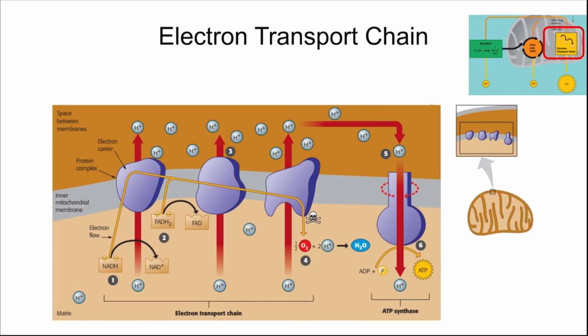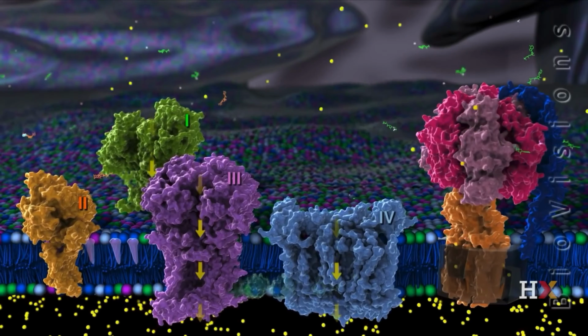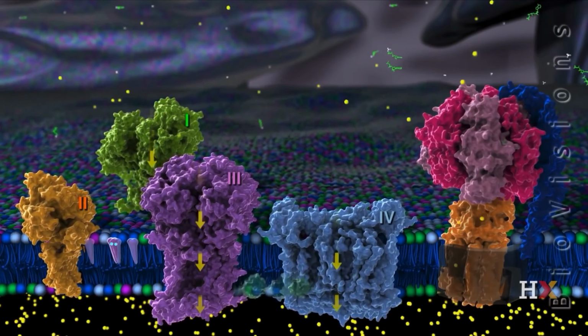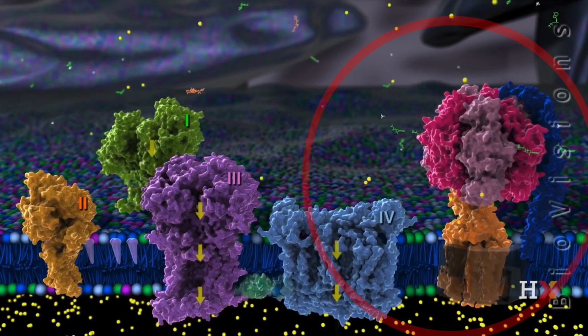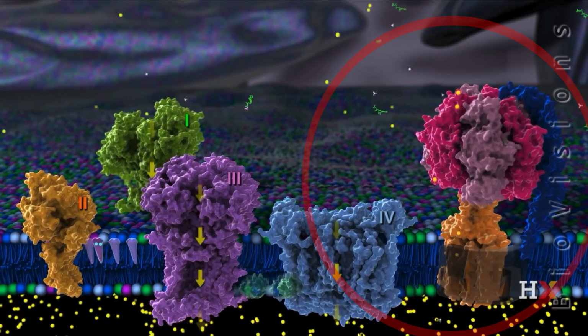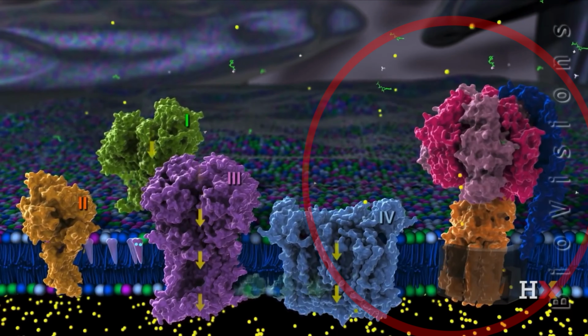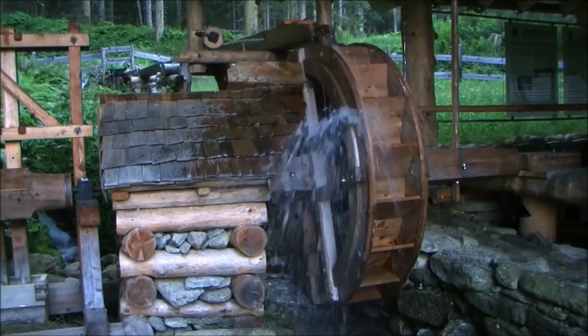The only way for this to happen is through ATP synthase. You can think of ATP synthase like a wheel. As each hydrogen ion passes through, it turns that wheel. And when that wheel turns, it converts ADP to ATP, which is a high energy molecule. Another way to think of this is like a water wheel on a river.